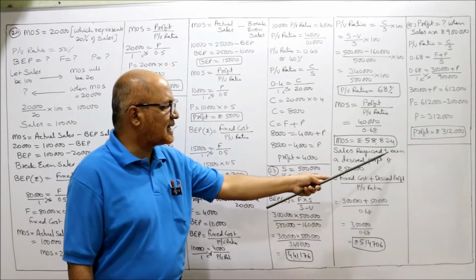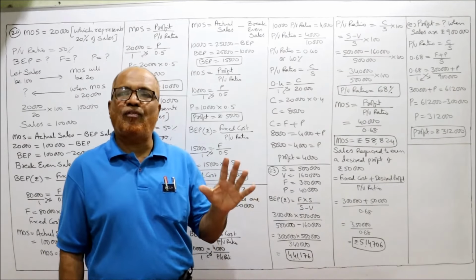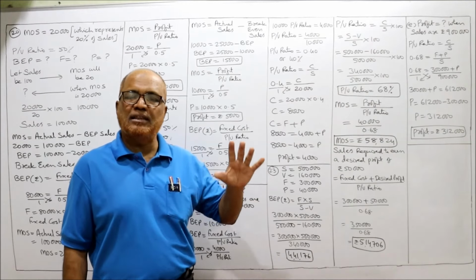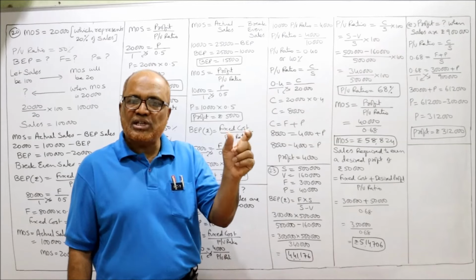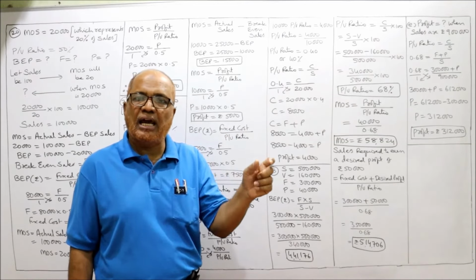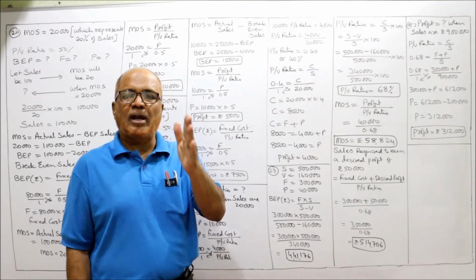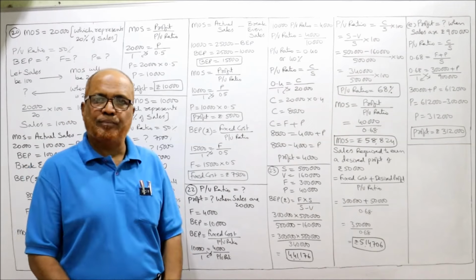Next question, sales required to earn a desired profit of 50,000. This is formula number 6. In the introduction video, I have given 7 formulas. The 6th formula is sales required to earn a desired profit. The formula is fixed cost plus desired profit divided by PV ratio.